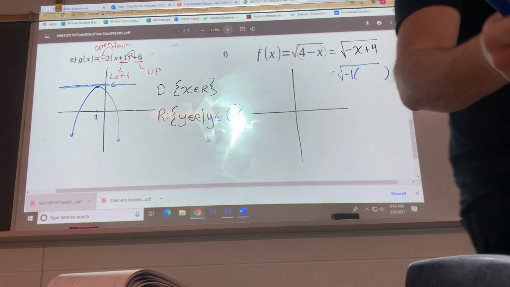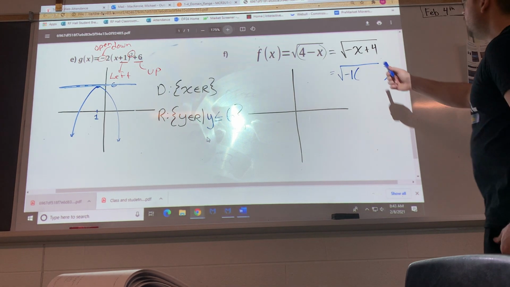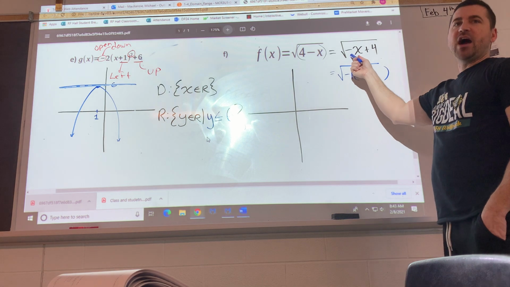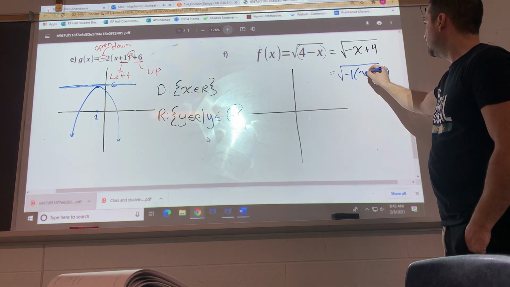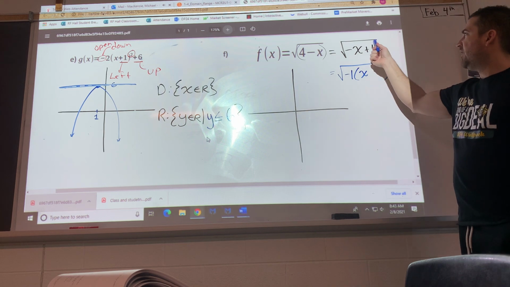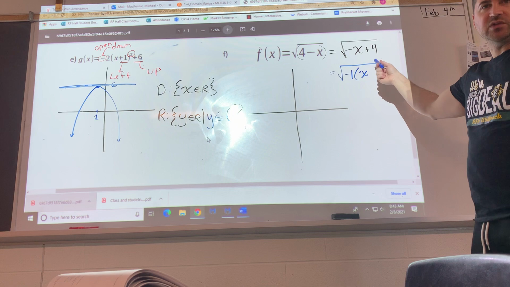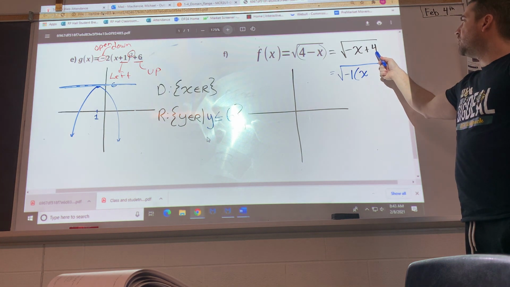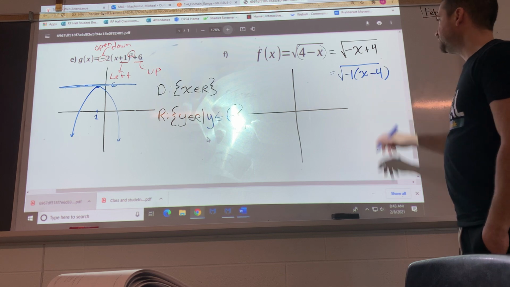You guys can see this okay? If I remove a negative 1 from the x, or I divide it out, so you divide out a negative 1, you get a positive x. And if I factor out a negative 1 from the 4, so when we're factoring, we're dividing. So 4 divided by negative 1 will give me a negative 4.